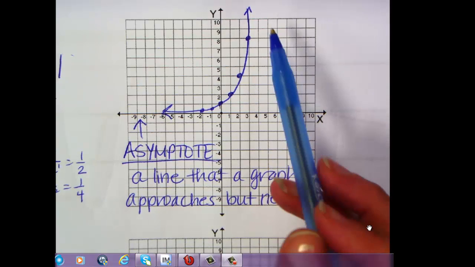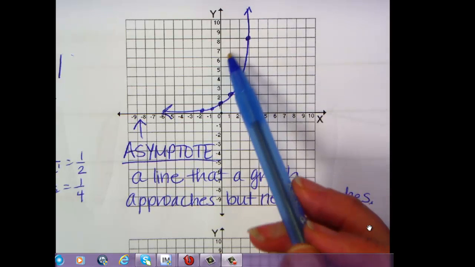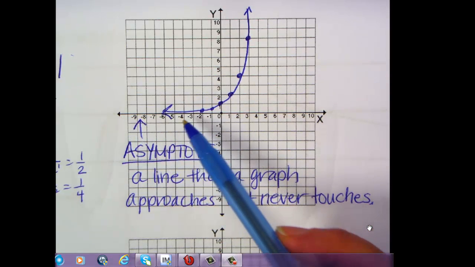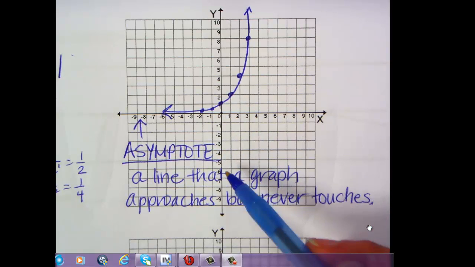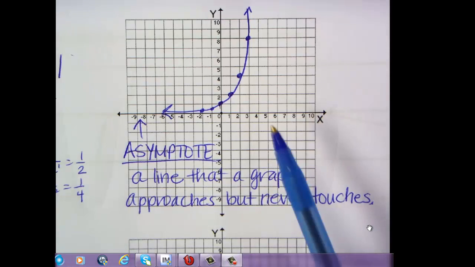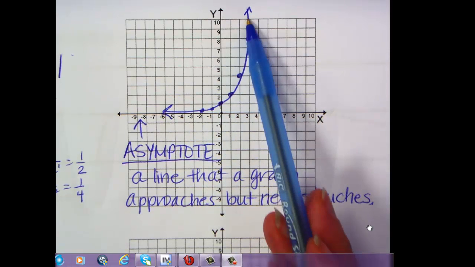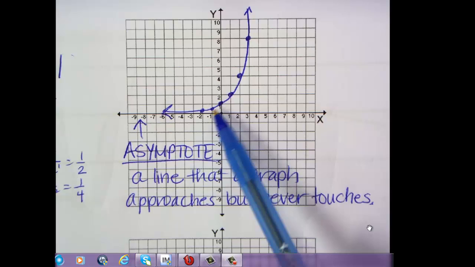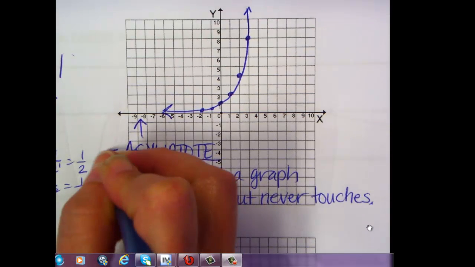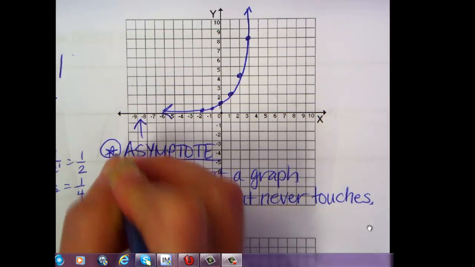But in this case, this graph of 2 to the x, this exponential curve, approaches the x-axis, y equals 0, but never ever gets there. You can't raise a number to an exponent and get 0 or a negative number. Again, for now, you just really need to know the shape of that parent to be able to plug in some numbers so that we can do transformations to it later on. And again, know your definition of an asymptote for pop quizzes.